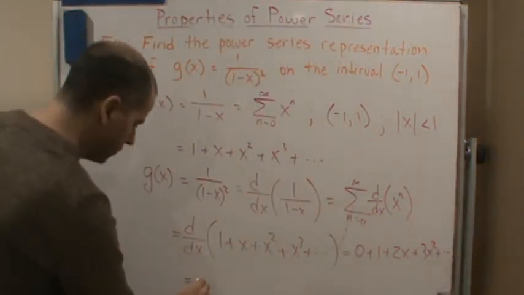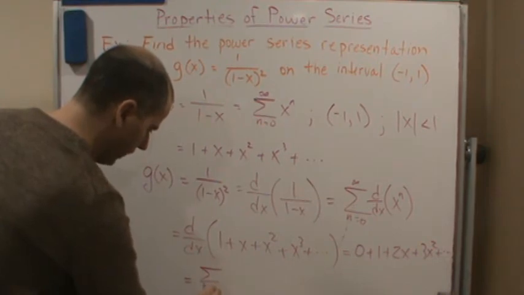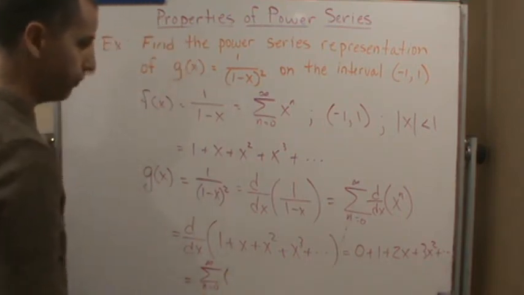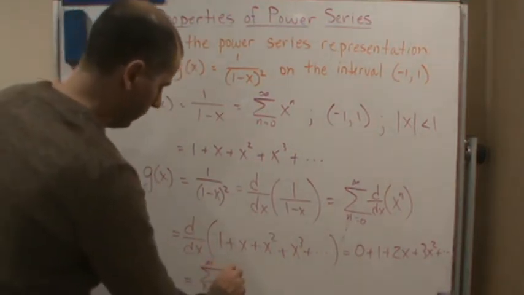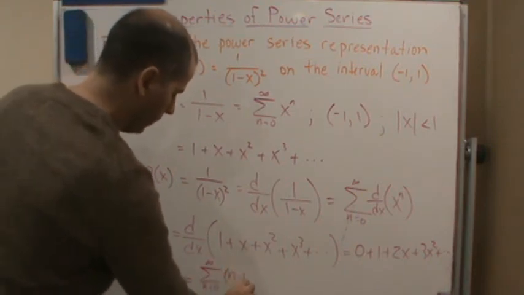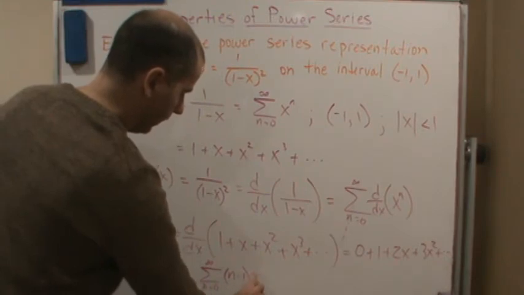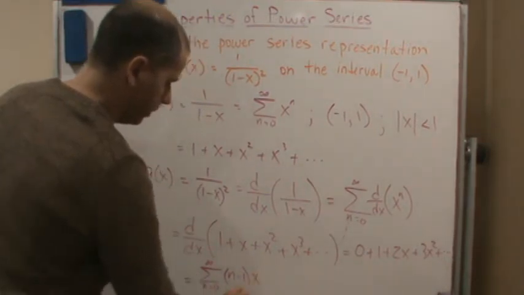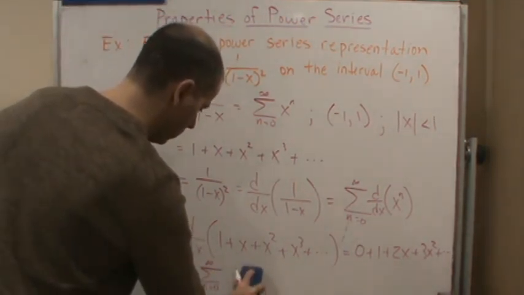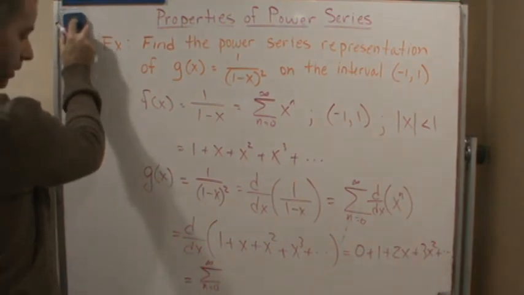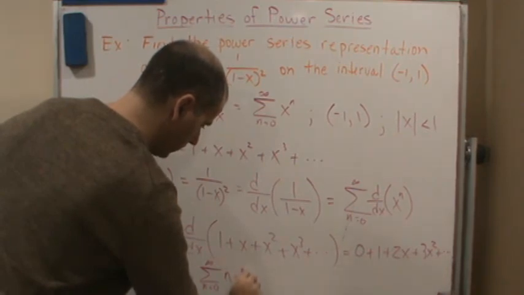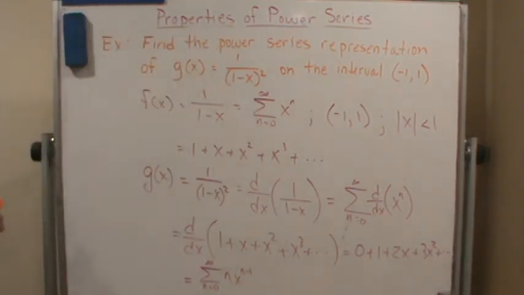Which then is really just equal to the summation of n equals 0 to infinity of what? N times x to the n minus 1.